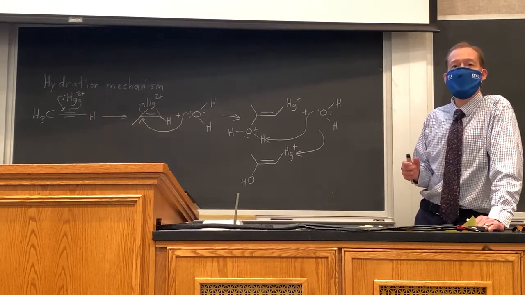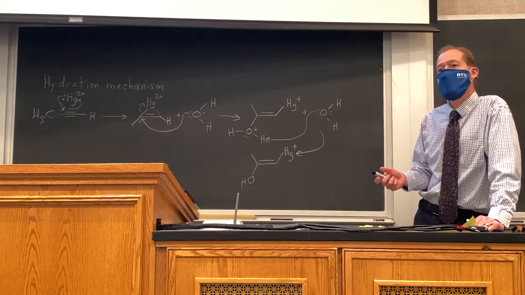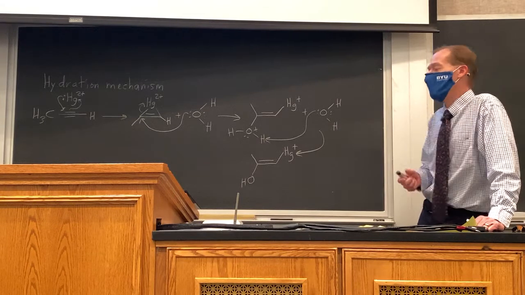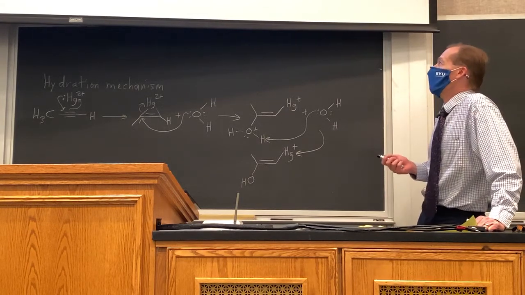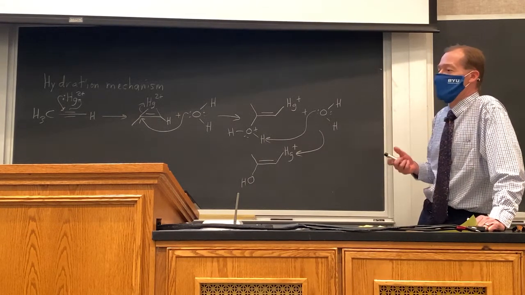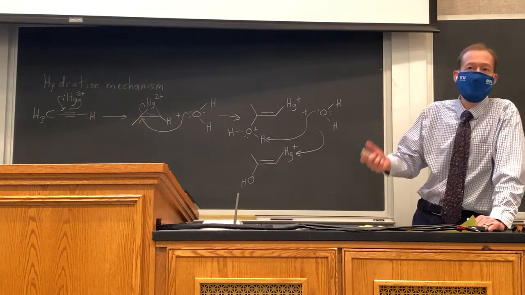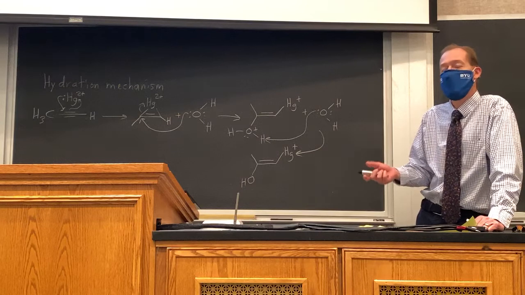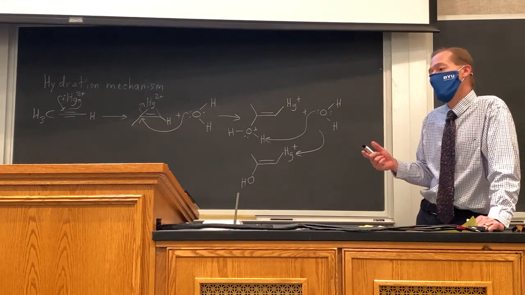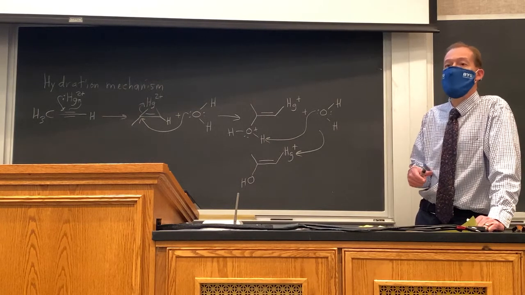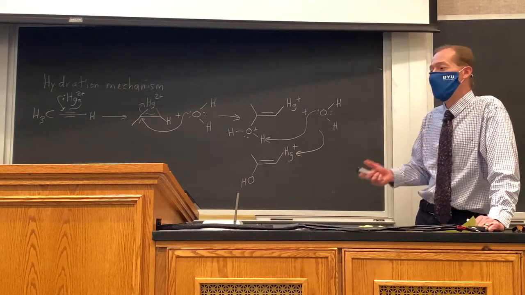But the formation of the enol intermediate is different from the way it is presented in the book. This is the second reaction, like the hydrohalogenation of alkynes, where the book has oversimplified things and they've shown a vinyl carbocation intermediate, which we told you earlier on is unstable and too high in energy to form.